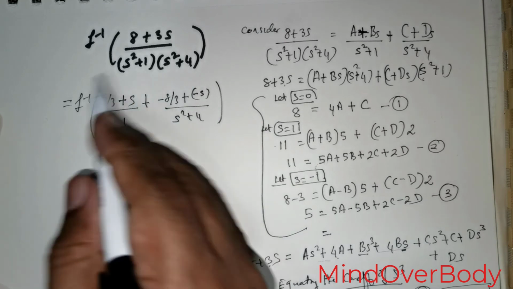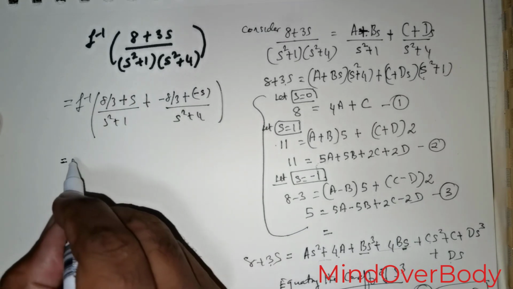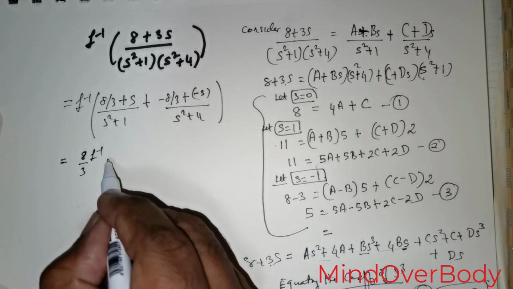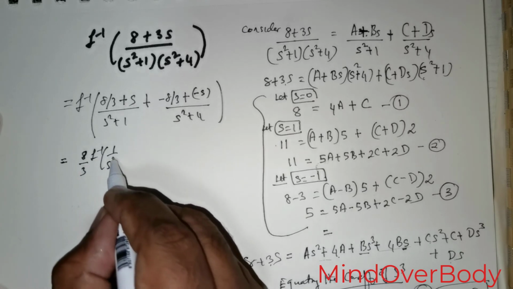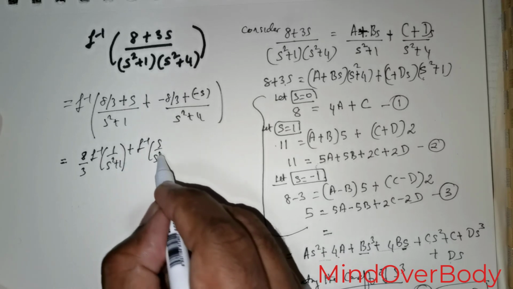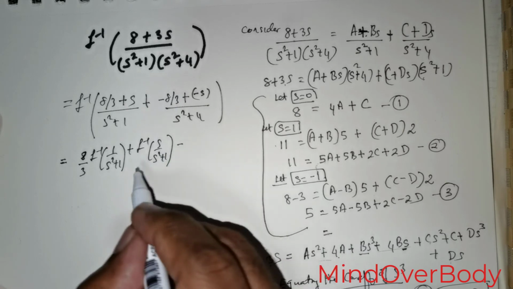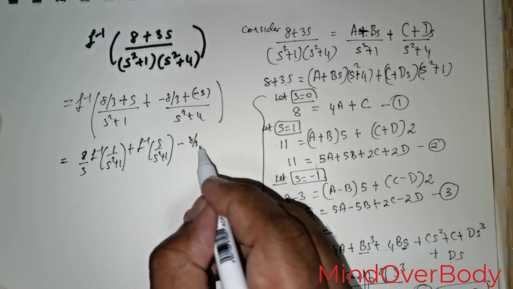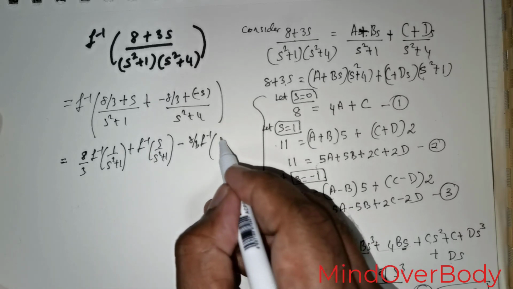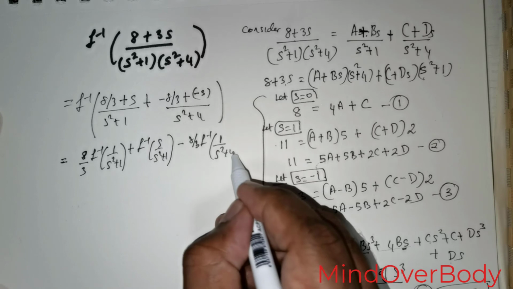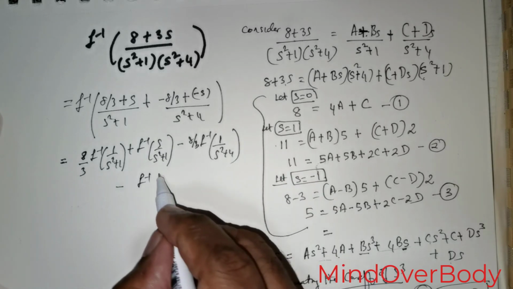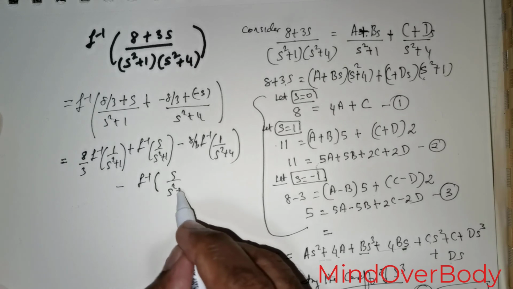So now I need to simplify this. I can rewrite this as 8 over 3 L inverse of 1 over s squared positive 1 positive L inverse of s over s squared positive 1 negative 8 over 3 L inverse of 1 over s squared positive 4 negative L inverse of s over s squared positive 4.